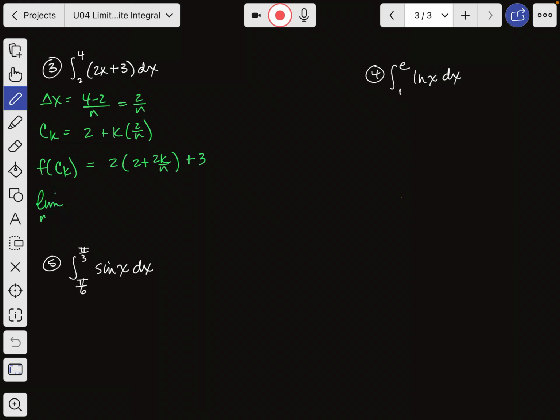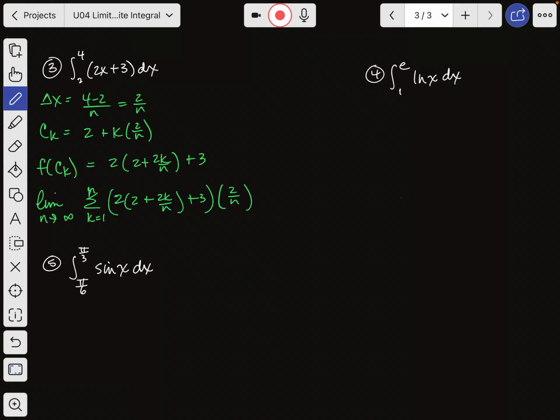And then now we write it as the limit as n approaches infinity of the sum from k is 1 to n of 2 times (2 plus 2k over n) plus 3 times delta x. And if you want, you can distribute and clean it up just a bit, but I'll leave it like this.